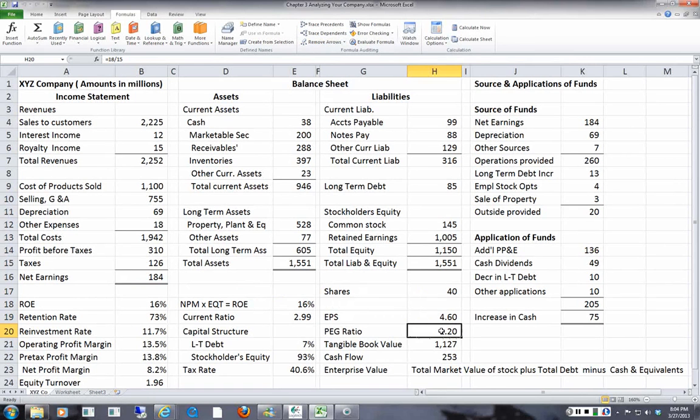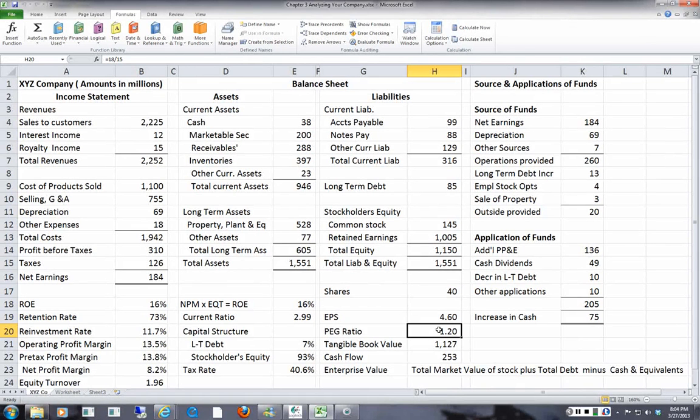The PEG ratio is a little different and interesting, and I'm going to read here that many Wall Street analysts apply a very useful rule of thumb. They compare the company's price-earnings multiple to its long-term growth rate. This calculation is called the price-earnings growth, or simply PEG. Thus, a stock that sells at a PE ratio of 18 with an earnings per share growth rate of 15 has a PEG ratio of 1.2.